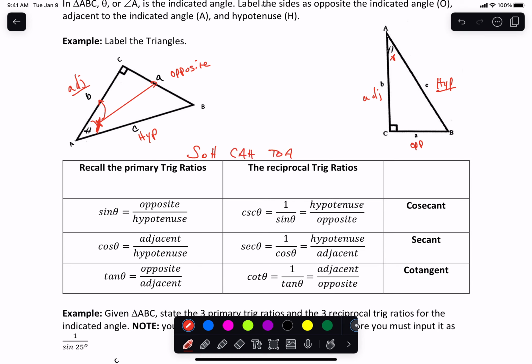Everyone agree? We've seen that before? What it says is opposite and hypotenuse: when I take the ratio of the opposite and the hypotenuse, I can compare that with sine. Adjacent and hypotenuse, the ratio of those, I can use with cosine. And opposite and adjacent, I can use with tan. And these are just ratios.